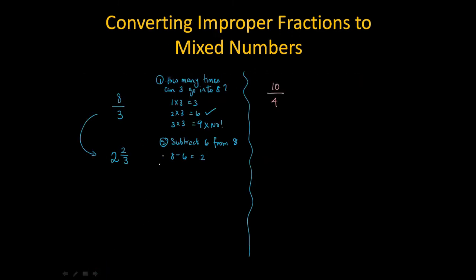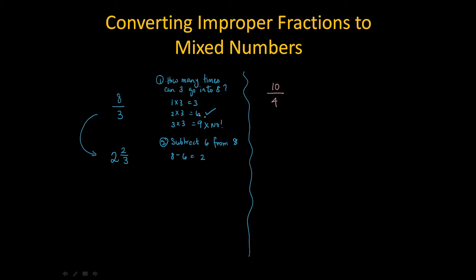Now we can convert improper fractions to mixed numbers, right? So what you would do, you would look at the amount of times 3 can go into 8. Can 3 go into 8 once? Yes, but you want to get the closest product to 8 without going over.